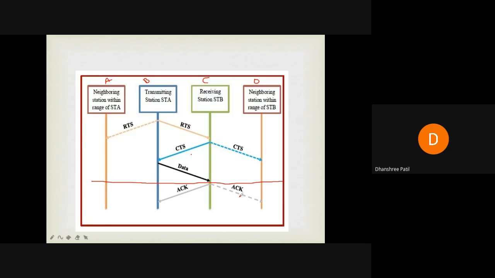Understood? These two types of protocols. Any doubt? Yes? Any doubt? Are you listening to me? Yes, any doubt? Abhay?